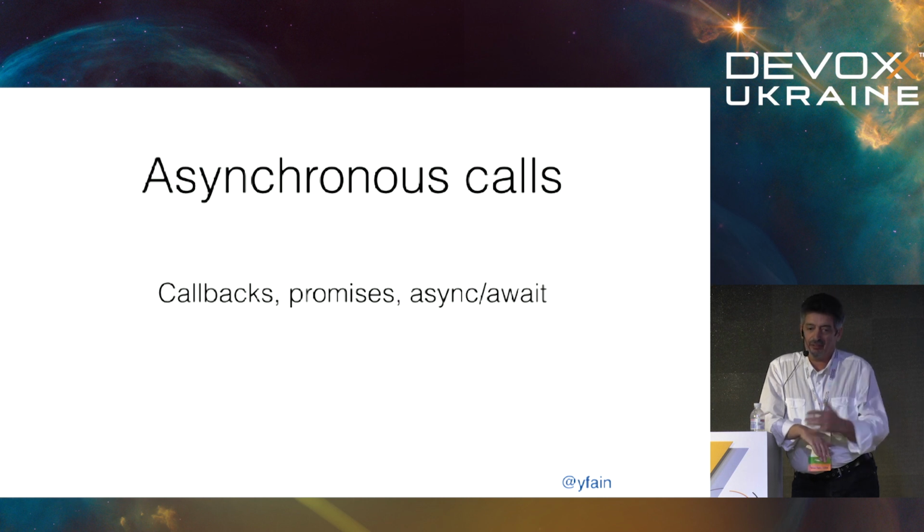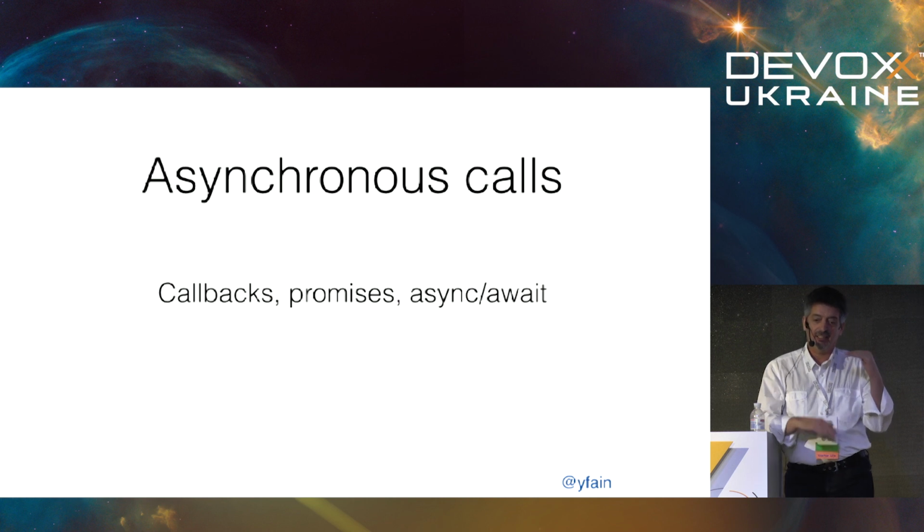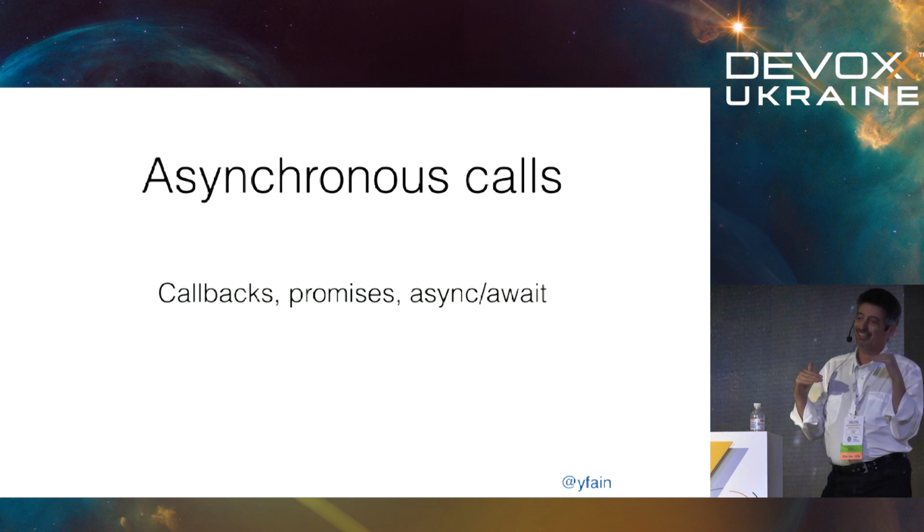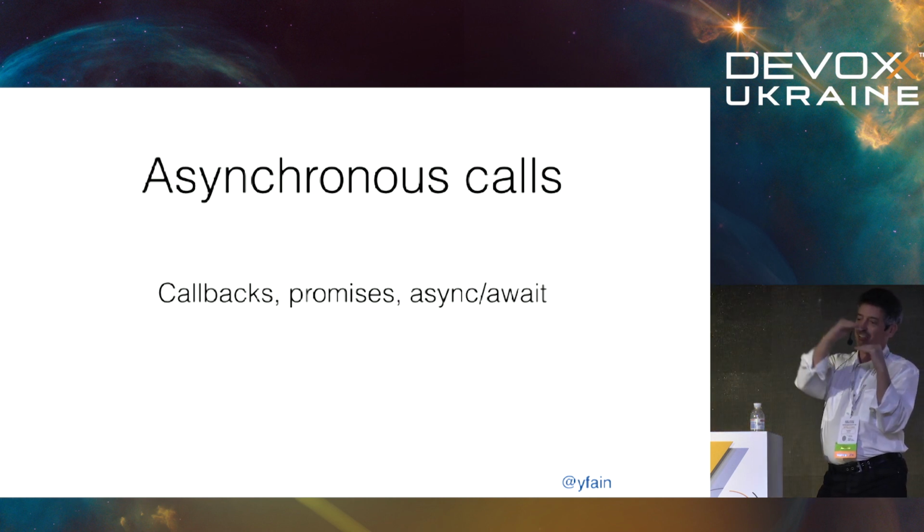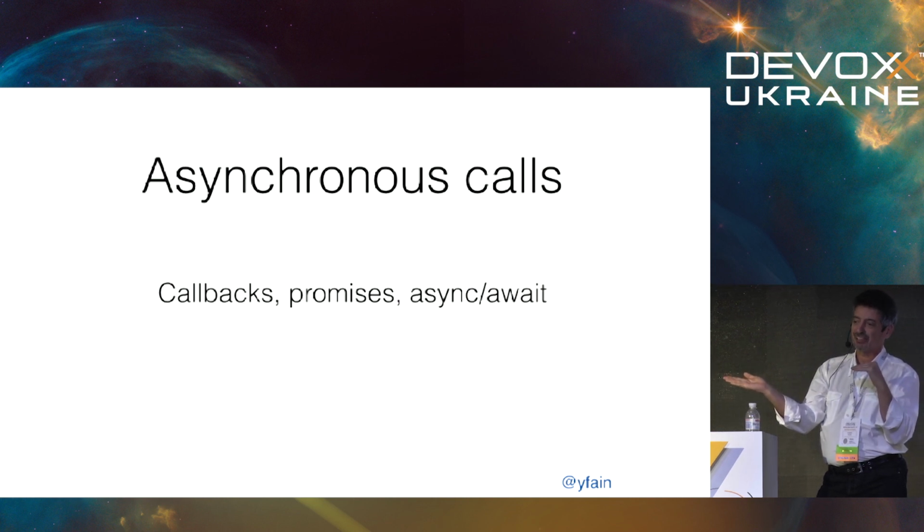So if you started invoking a function, the function goes on the stack, and if from this function you call another function, it goes on the stack on top, and until this function is over, it'll sit there. Then it pops from the stack, and the execution continues. Synchronous execution.